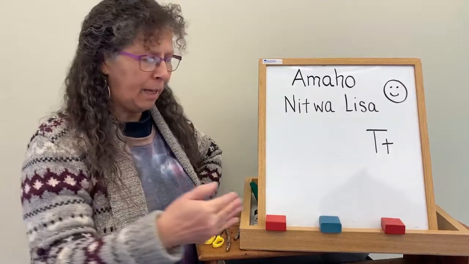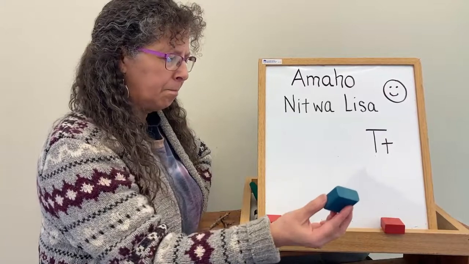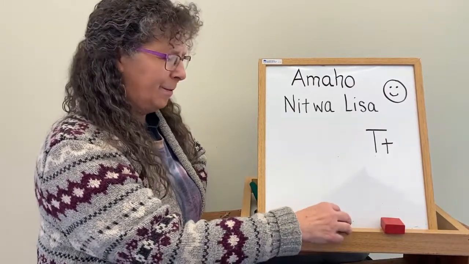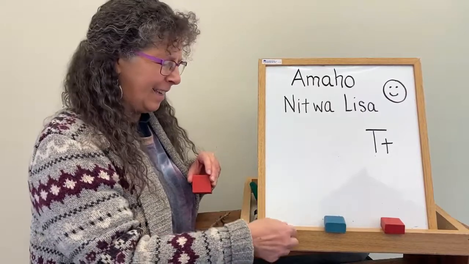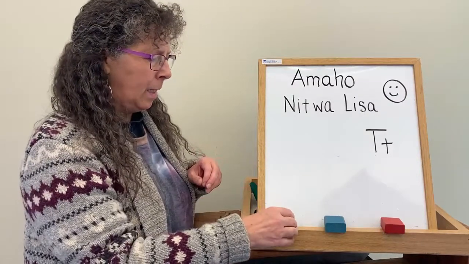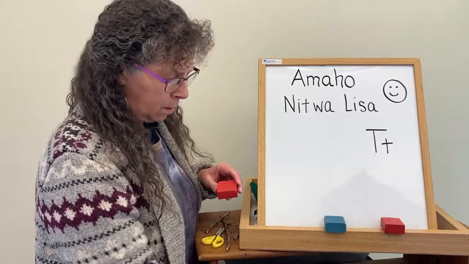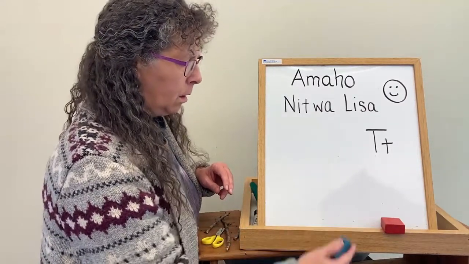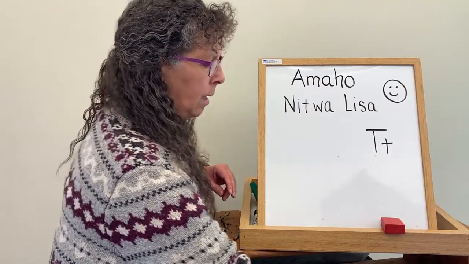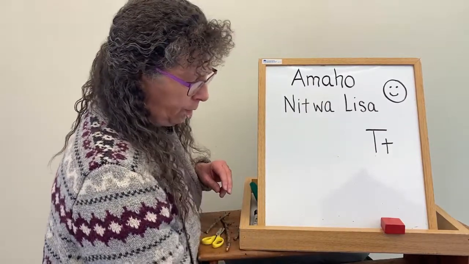And let one child come up and pick a block. No, not there. There it is, you found letter T. If you have blocks, you could make a letter T out of the blocks.